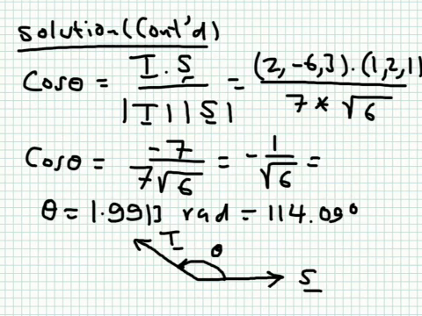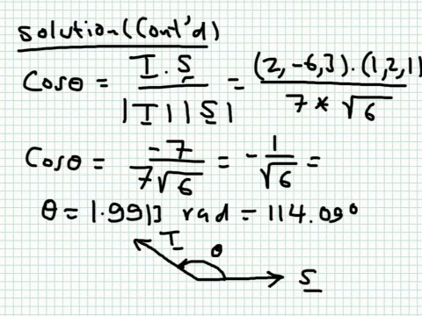In the last step, we tried to get the angle between the two vectors, and we agreed, because of the definition of the dot product, t dot s is equal to modulus t modulus s cosine theta. So this means that cosine theta, the smallest angle between any two vectors, is equal to t dot s divided by modulus t modulus s. Most of that was calculated before.